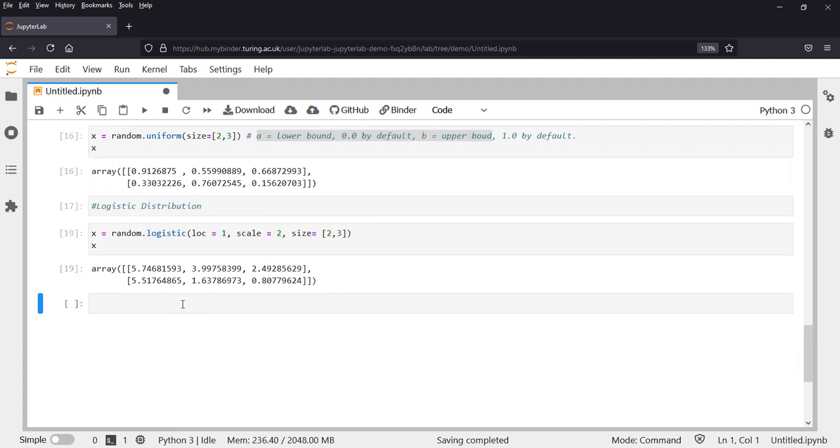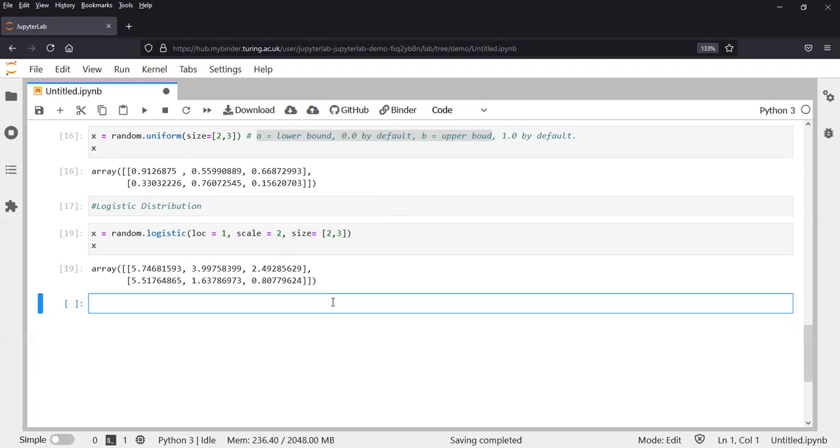I recommend that if you want to learn how to draw the graph, you need to learn matplotlib dot pyplot, and seaborn is another Python library.